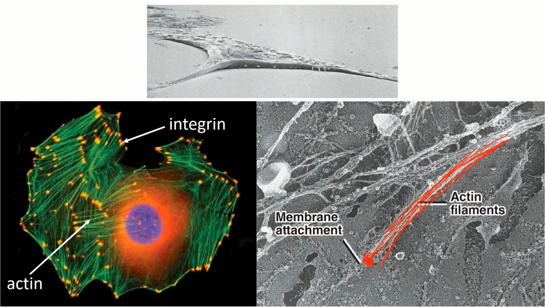So this is a picture from the inside, and then here on the outside are those orange points that we see here, the integrins. Okay, so take note, it's the integrins that are holding onto the surface, and they are attached to the actin filaments, which provide traction.